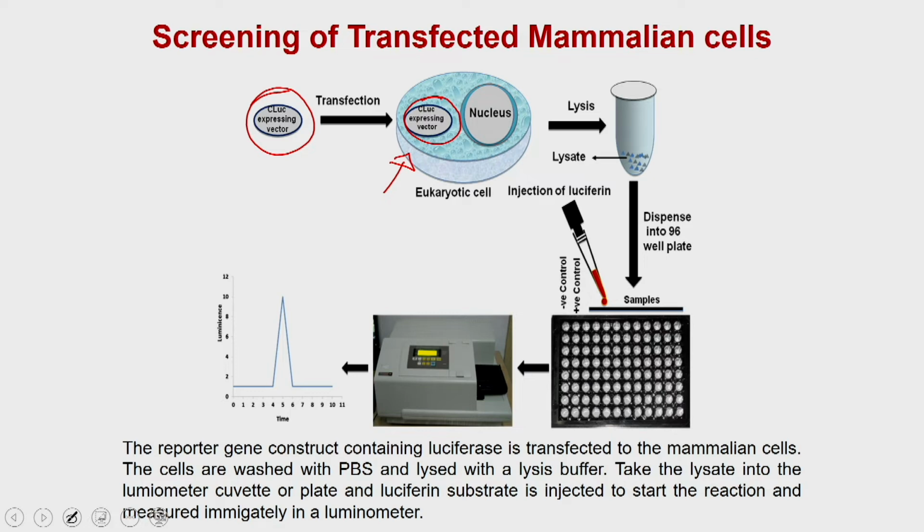Then you can collect this lysate and put it into the black plate, which is the ideal plate for doing luciferase reactions. You can include some negative control as well as positive control, and then you add the substrate. Once you add the substrate, you put it into the multimode reader or the luminometer, and you are going to see a short lived signal from the enzyme.